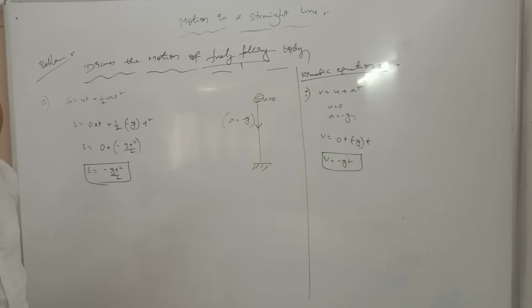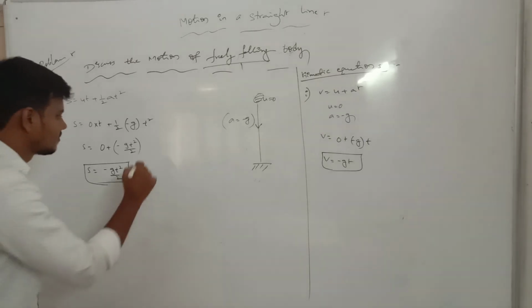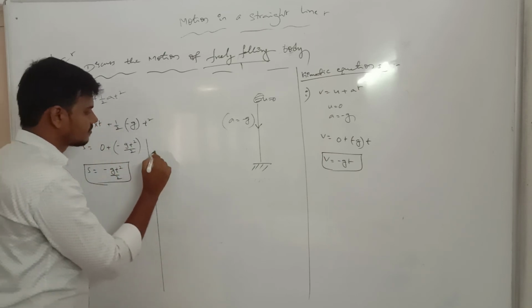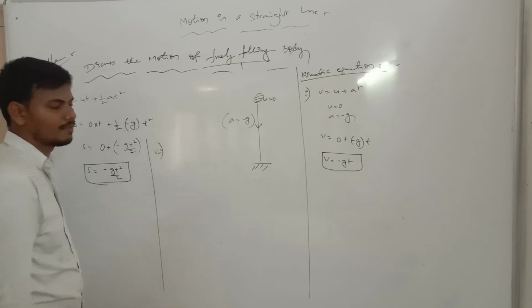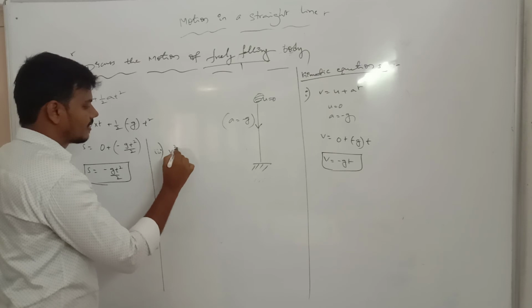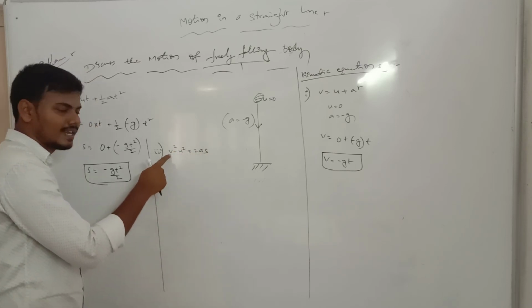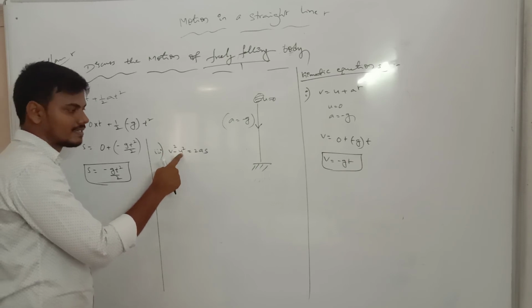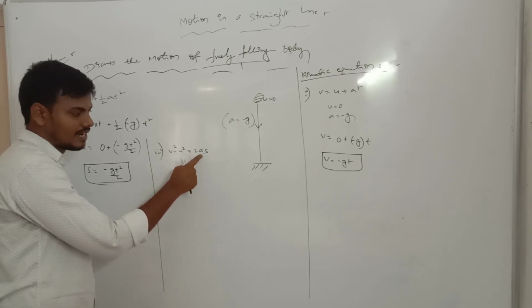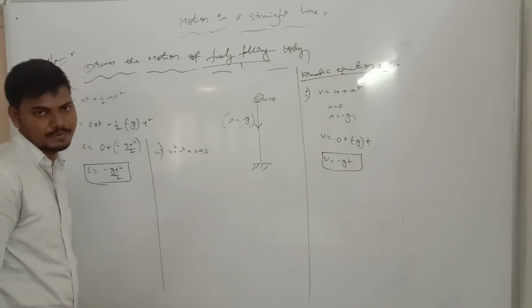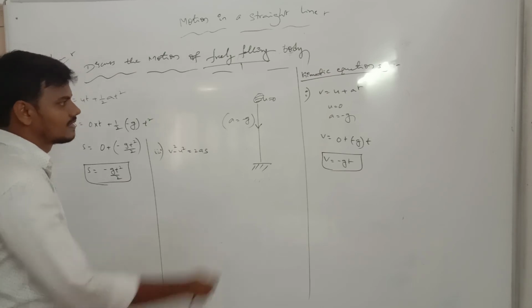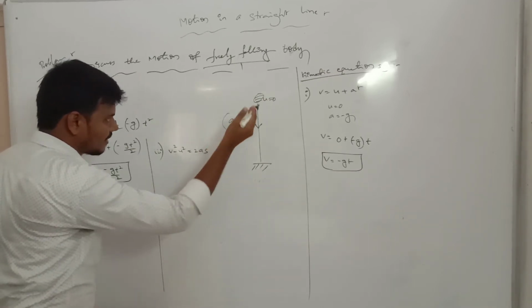Now the third kinematic equation: v square minus u square is equal to 2as. Here v is the final velocity, u is the initial velocity, a is the acceleration due to gravity, and s is the displacement.